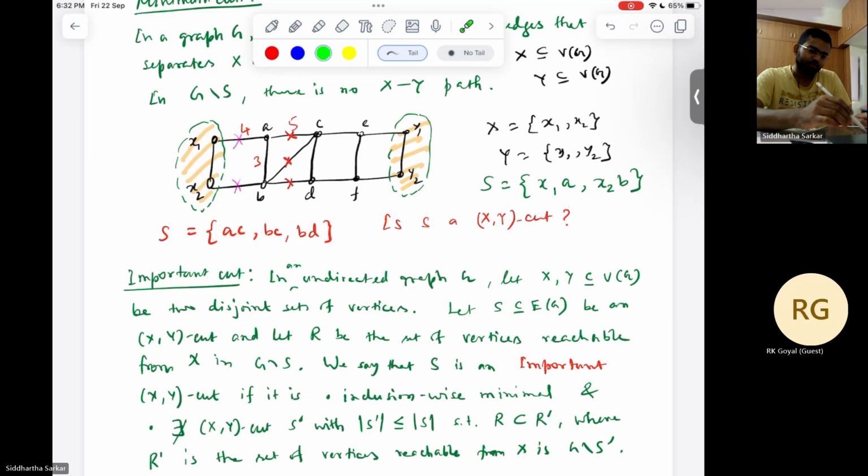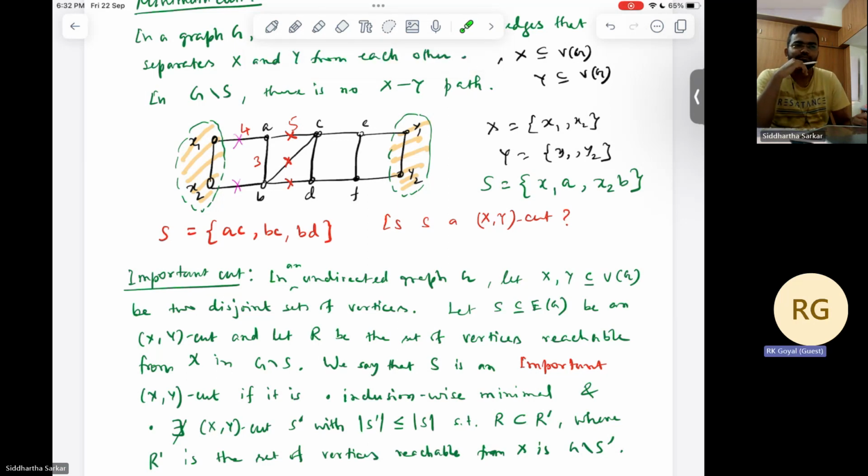Right now I cannot visualize how it can happen, because G minus S would be a completely disconnected graph. R will probably be expandable beyond X, but let us see.